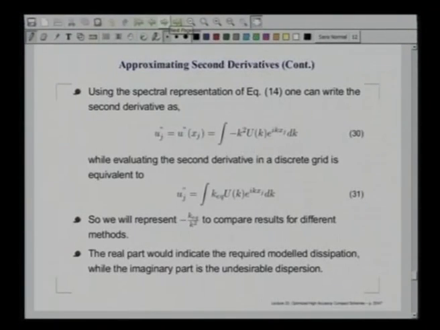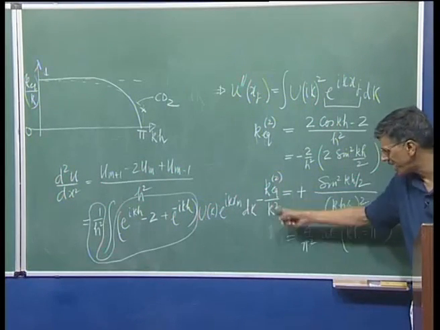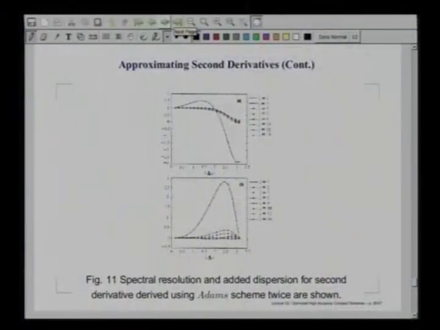Okay. You do this, and then you can work out the same way that we talked about just now, that we need to plot minus of k equivalent by k square, and then we will see its performance parameter, and that is what you get if you look at this.